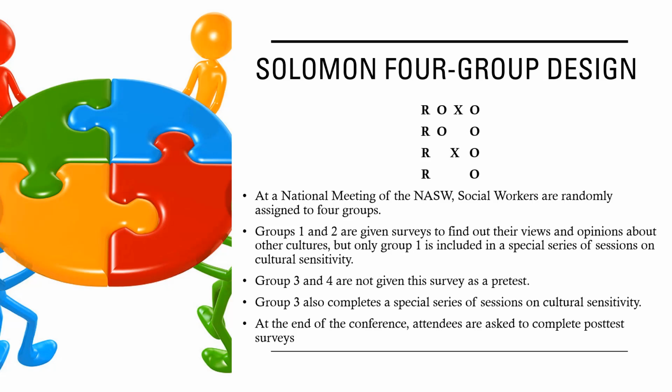Only groups 1 and 2 receive a pretest. Groups 1 and 3 would both receive the intervention, while 2 and 4 do not receive an intervention, but everybody who participates in the study would participate in the post-test. Again, this is known as the Solomon four-group design.